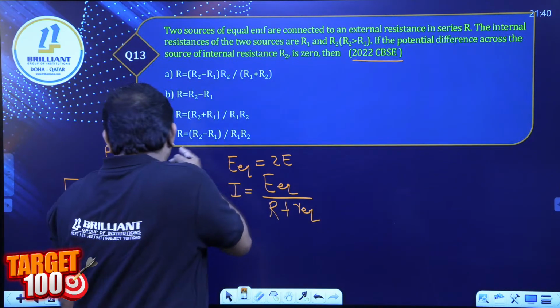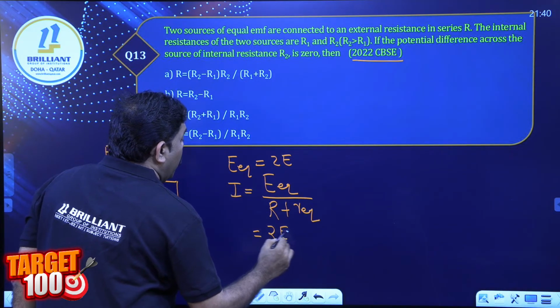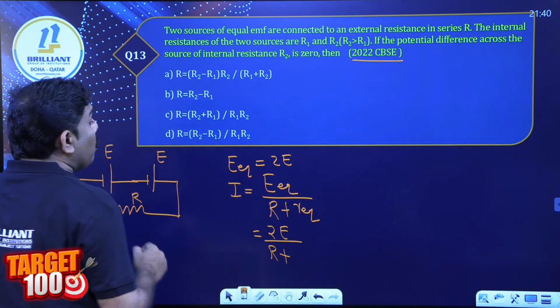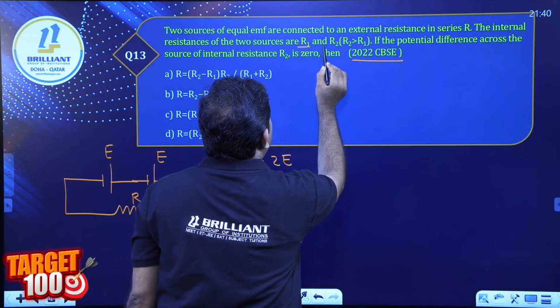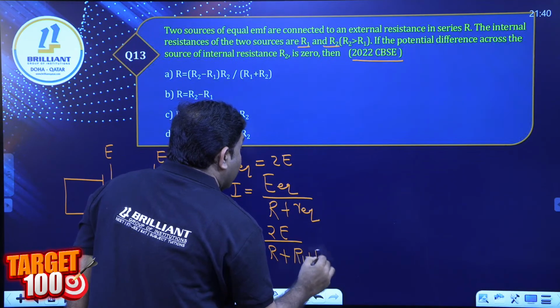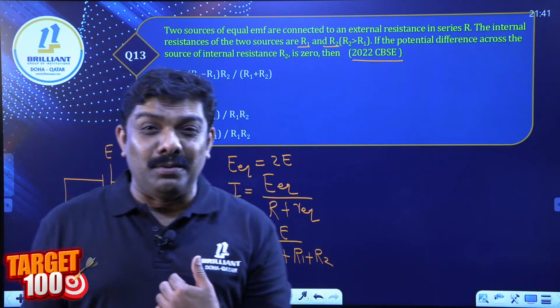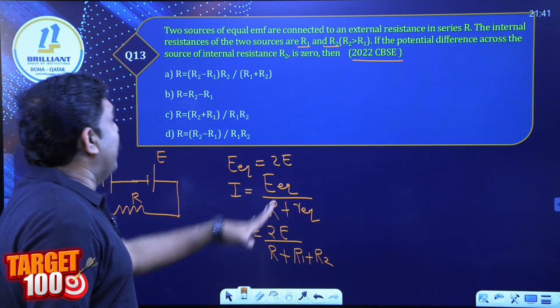As we have two cells here, we can say 2E divided by R plus the equivalent internal resistance. Two cells have internal resistances R1 and R2, so R1 plus R2. So we got the current expression in the circuit, that is 2E by R plus R1 plus R2.